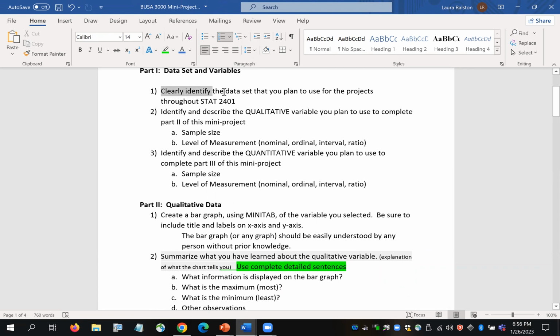I also ask you very clearly at the beginning to identify the data set you're using. There is a specific data set for those of you who are in healthcare management. There is a different data set for those of you in logistics and supply chain.